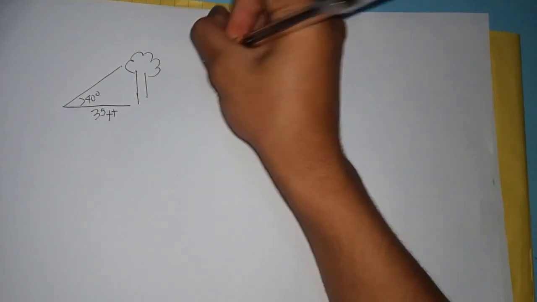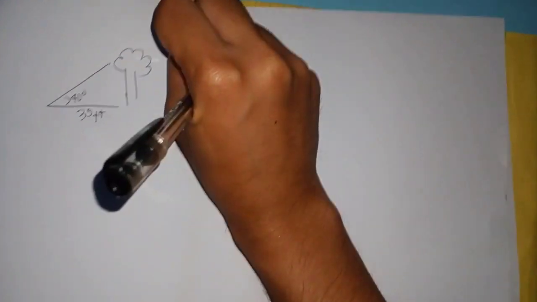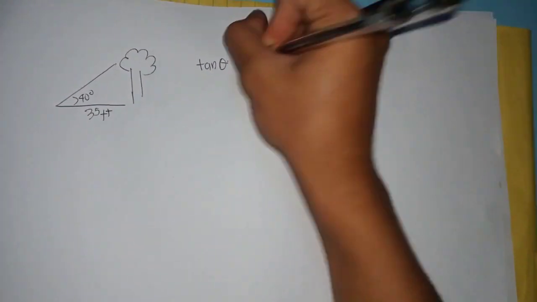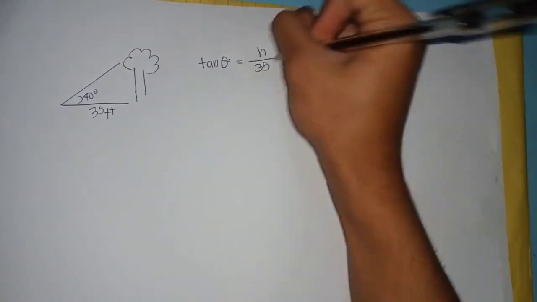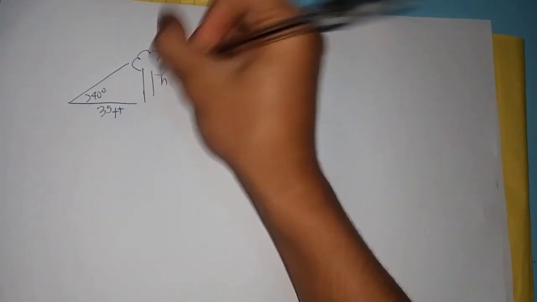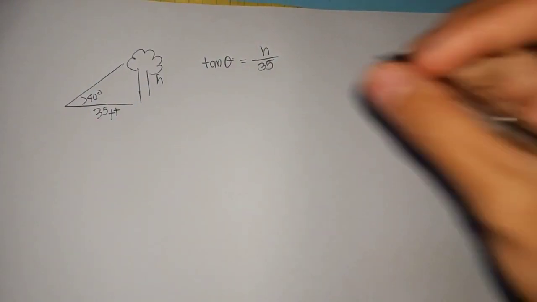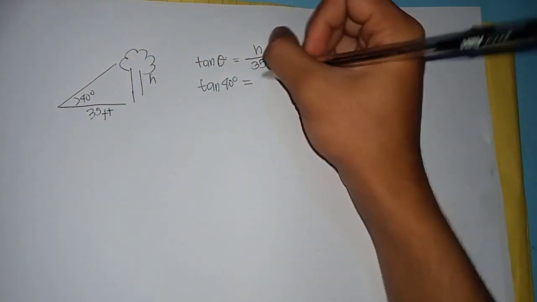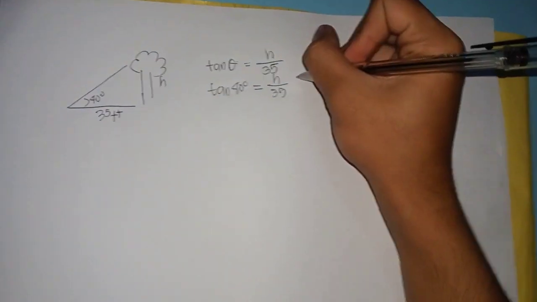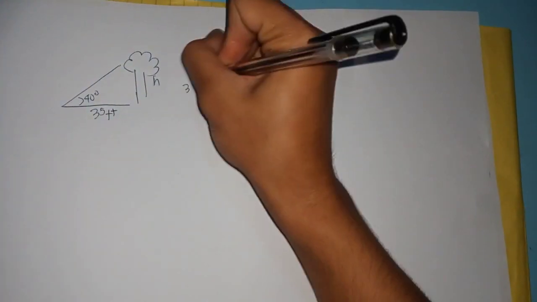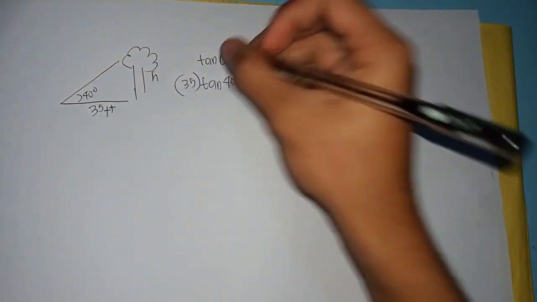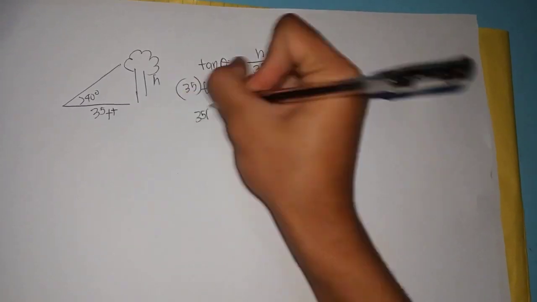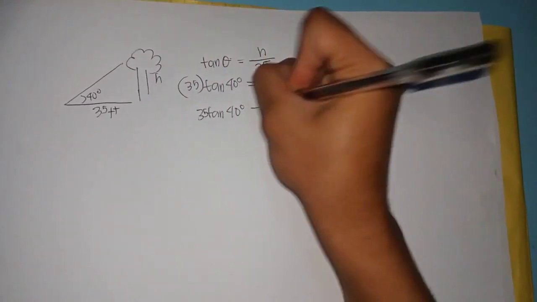We need to find the height of the tree. So we're going to use tan theta equals height over 35. Substituting the value, tan 40 degrees is equal to h over 35. We multiply both sides by 35, so we have 35 tan 40 degrees equals the height.